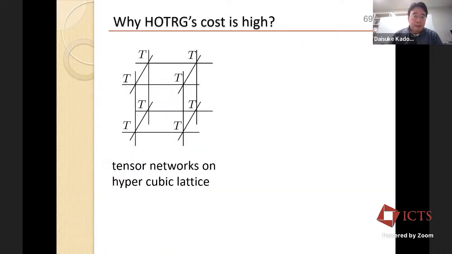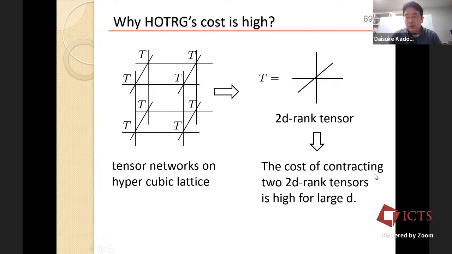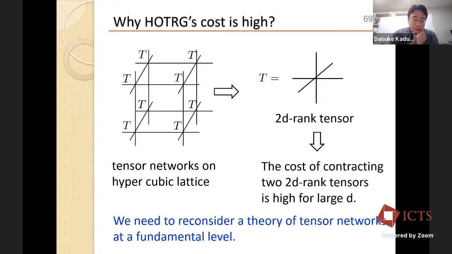The reason why the cost is high is that the tensor is a rank 2D tensor in D dimensions, and the cost of contracting two rank 2D tensors is high for large D. So we need to reconsider tensor network theory at a fundamental level to reduce the computational cost.